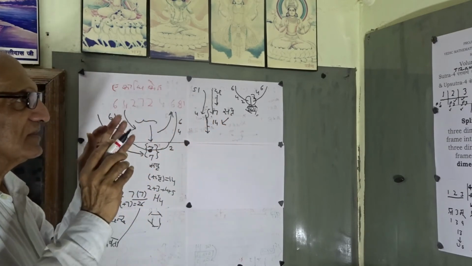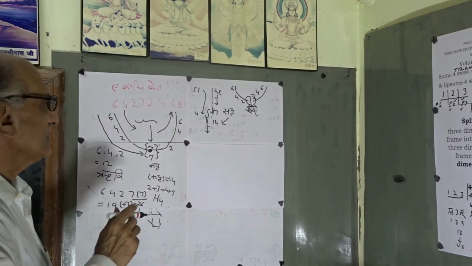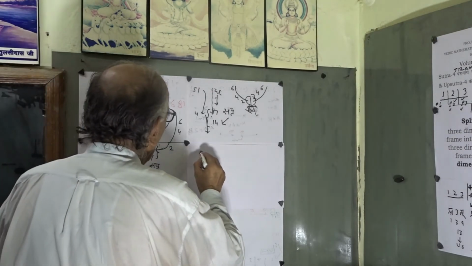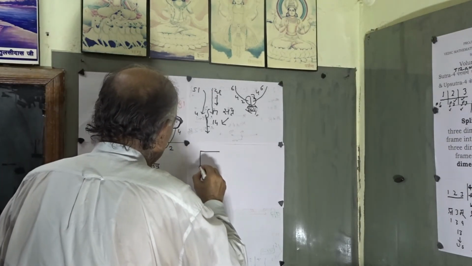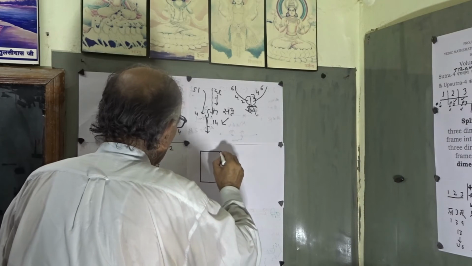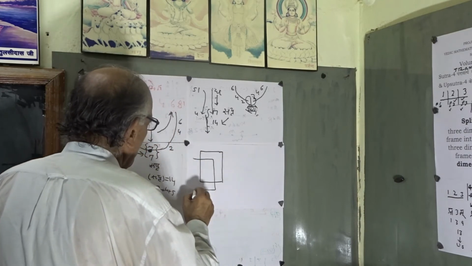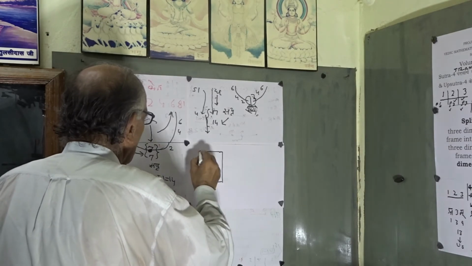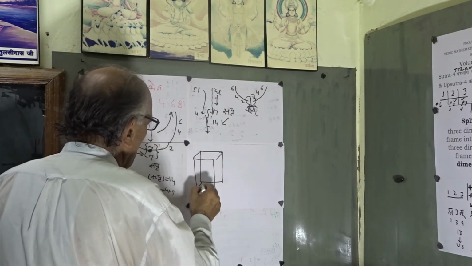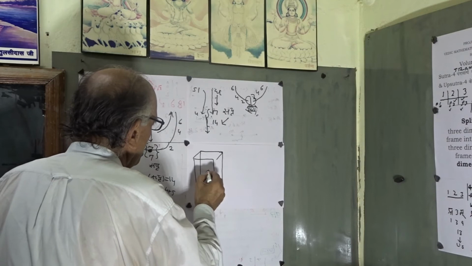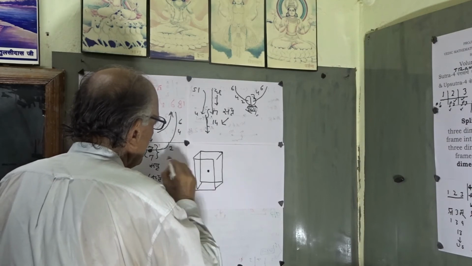One should sit comfortably and see that the origin of 3 space is a seat of 4 space. The origin of cube is a seat of a 4 space.